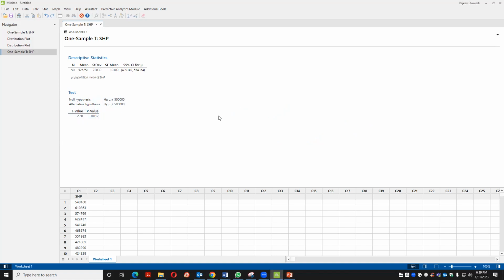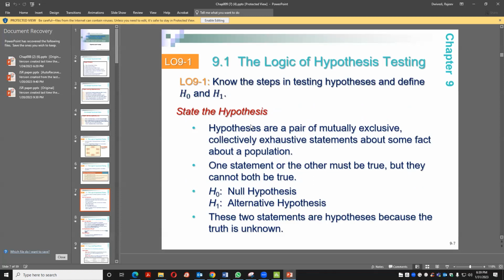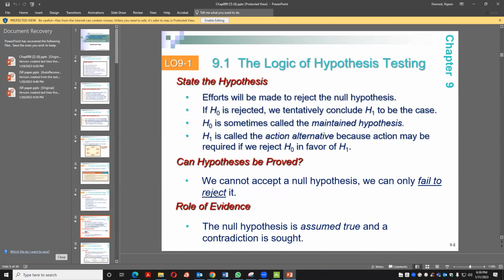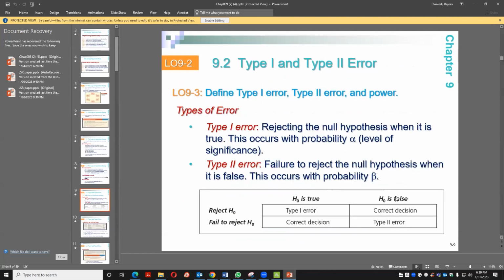Based on this, there are two errors: type 1 error and type 2 error. Type 1 error means rejecting the null hypothesis when it is true.